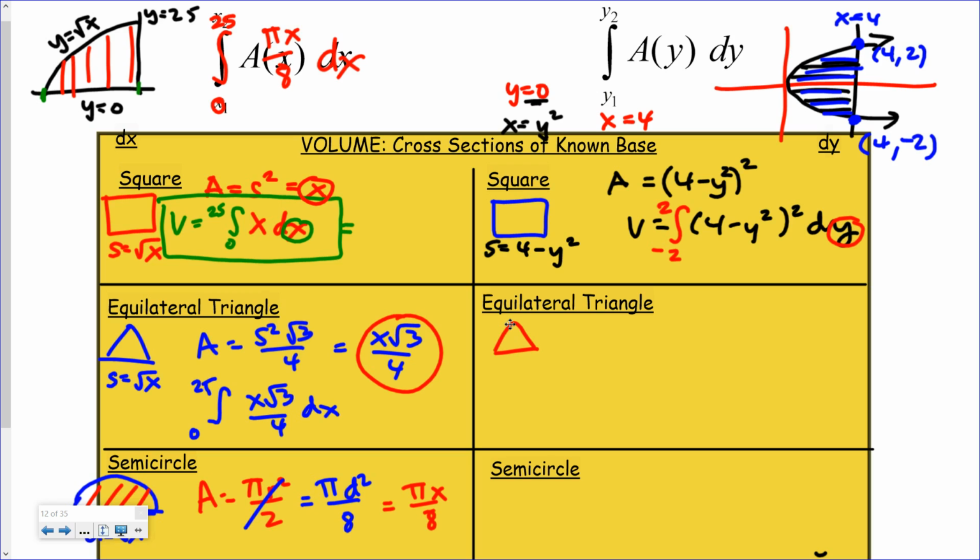So let's get one side of this equilateral triangle. It's the same picture. It's just that now you have triangles lying here instead. One side is going to be x minus x, so it actually turns out to be also 4 minus y squared. What's the area of this triangle going to be?